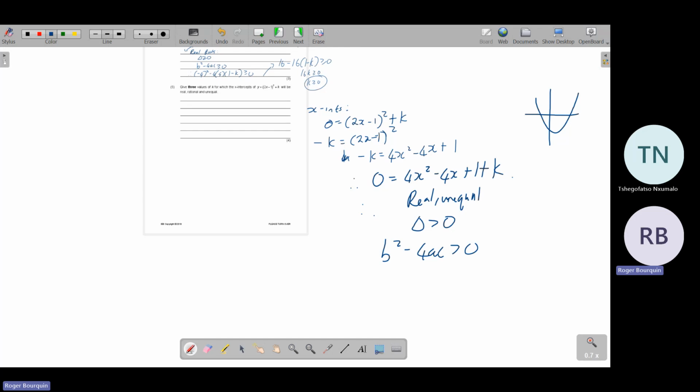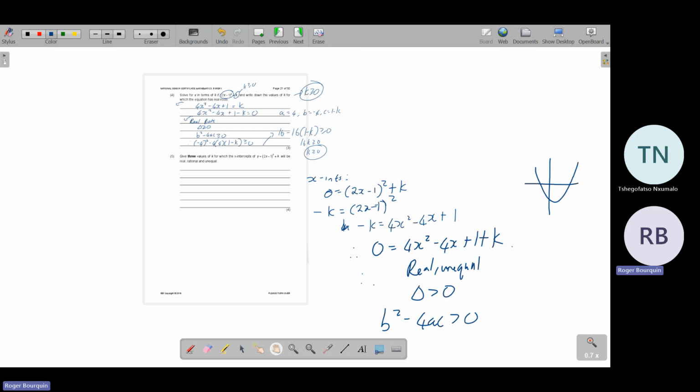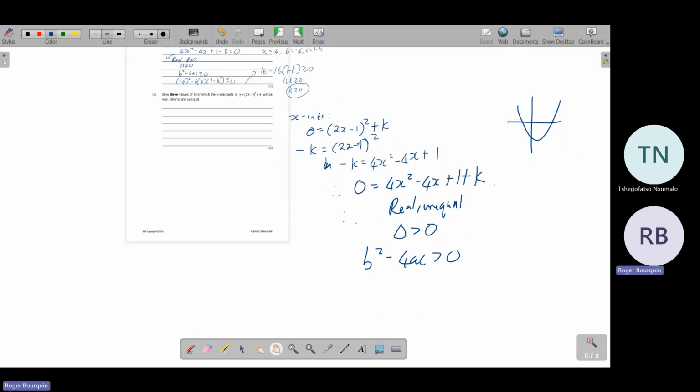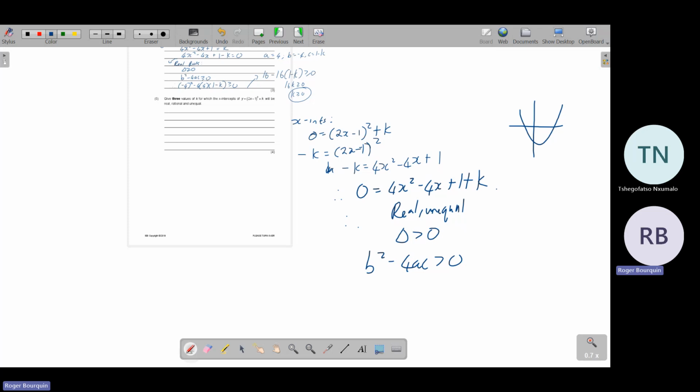It's a bit sneaky because the k is now positive k, right? In the previous one, k was negative k. C was 1 minus k. Now C is 1 plus k. So A is 4. B is negative 4. C is 1 plus k.